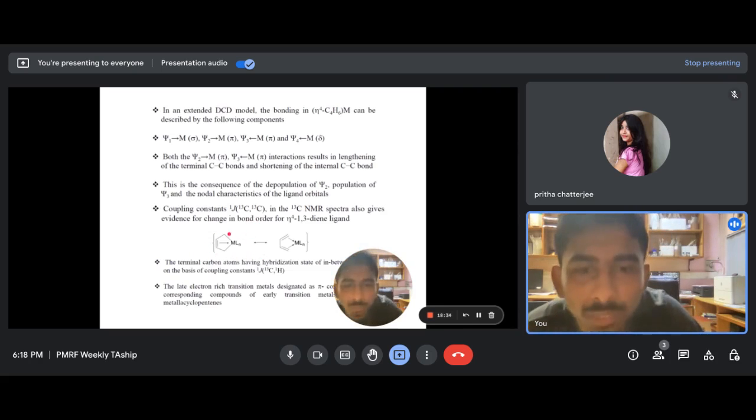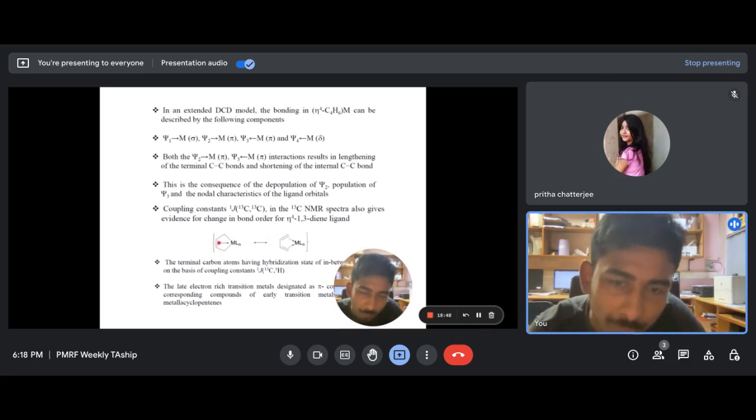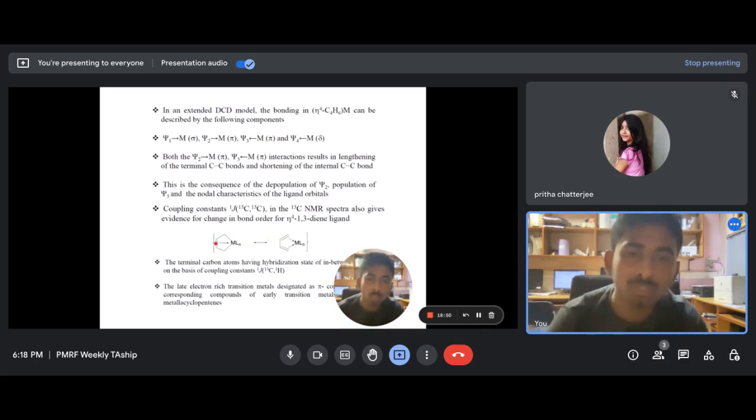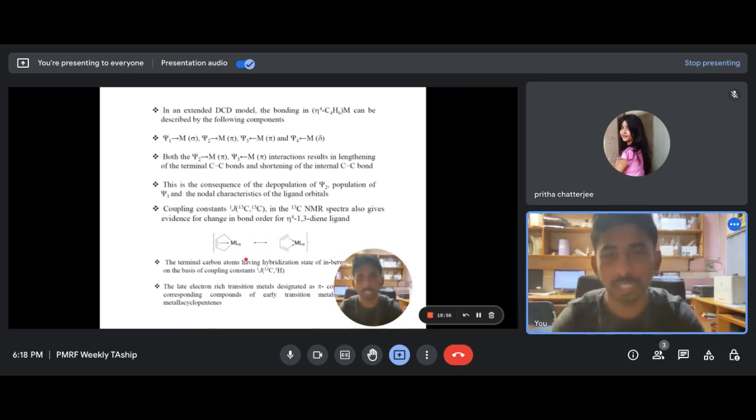That's why the coupling constant between this carbon and this carbon, and this carbon and this carbon will be quite different, because all the carbons are actually sp2, but here you can see there is sp3 and this sp3, and these two carbons are even coming closer, because there was a single bond here, but it is a double bond here. So the bond length has shortened here.